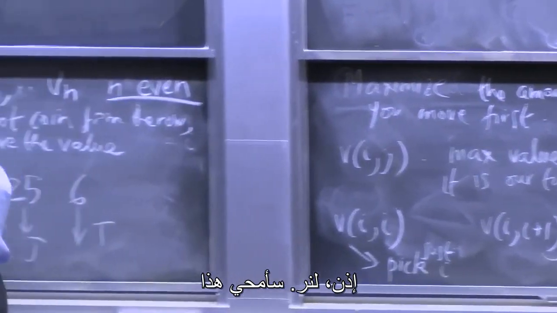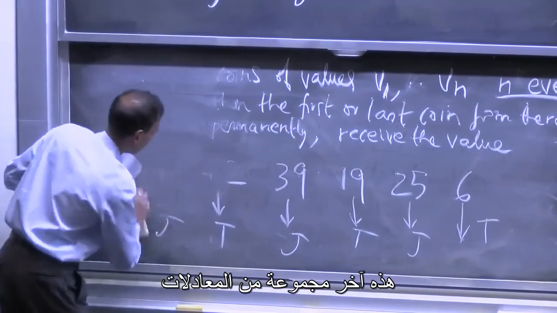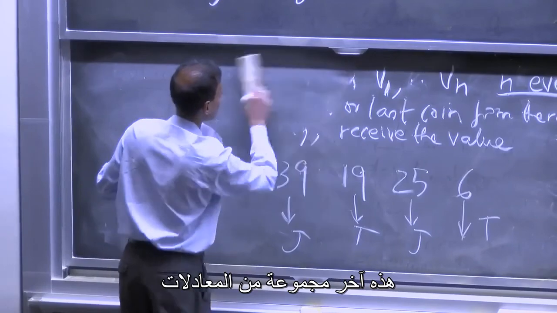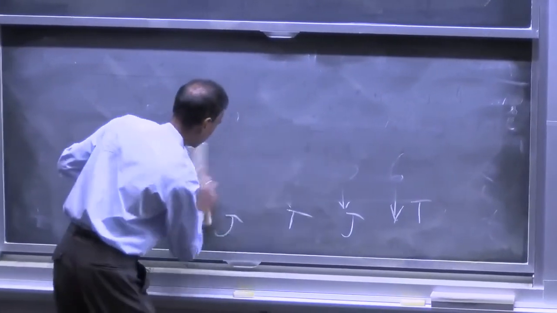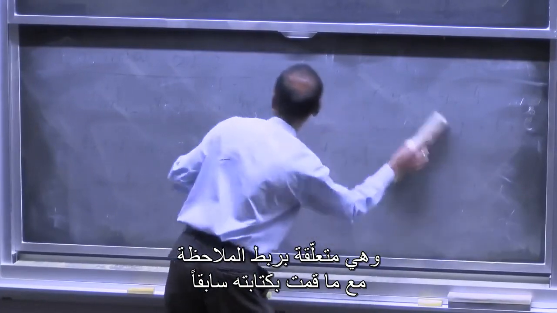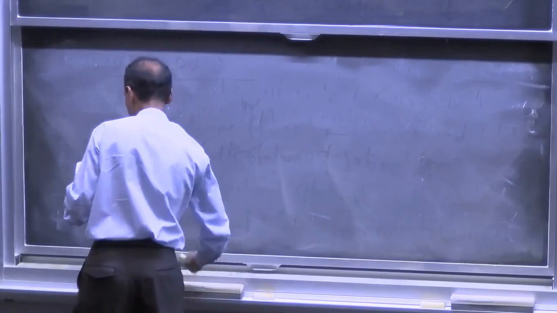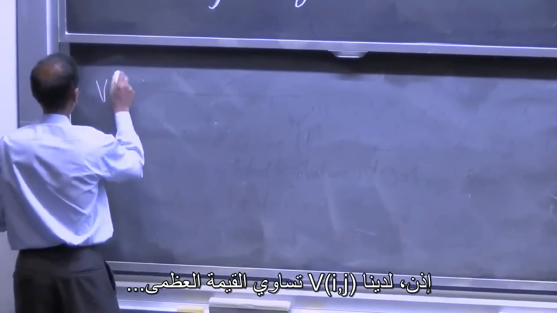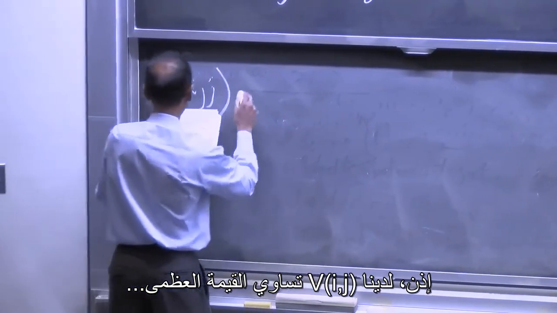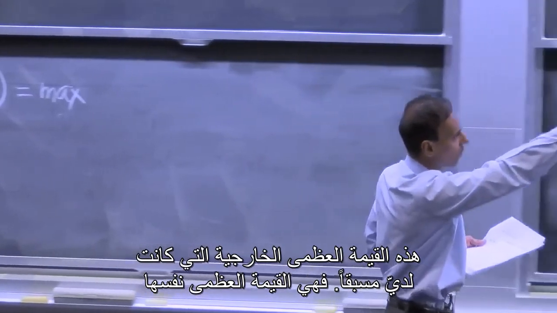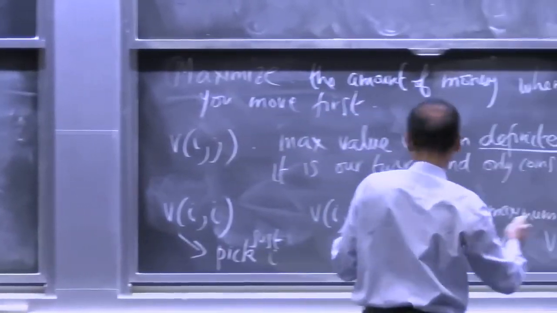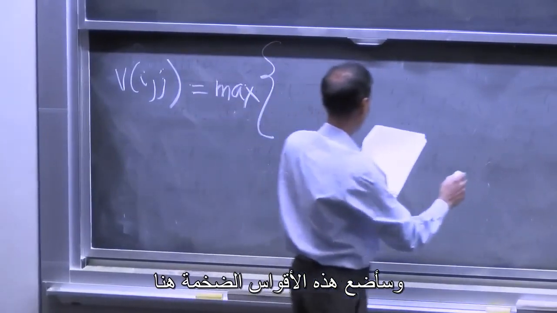Right, so let me erase this. So, last set of equations. It's just plugging in that observation into what I wrote before. So we have V(i,j) equals max. This is the outer max that I had up there already, so that's the same max. And put these giant brackets here.